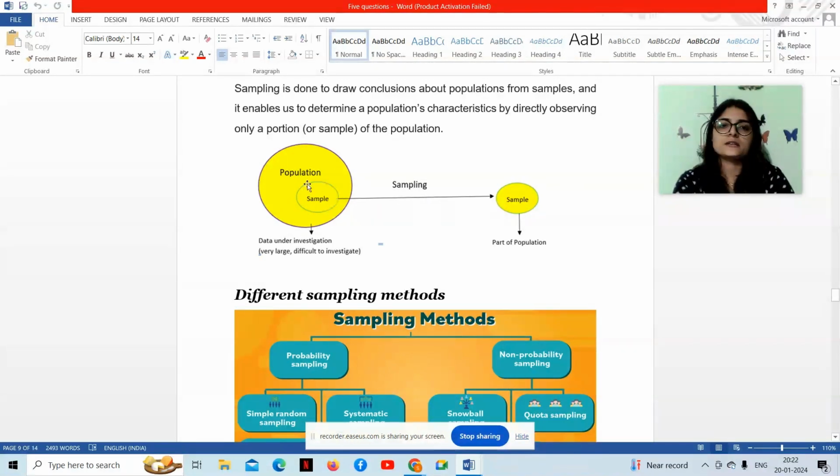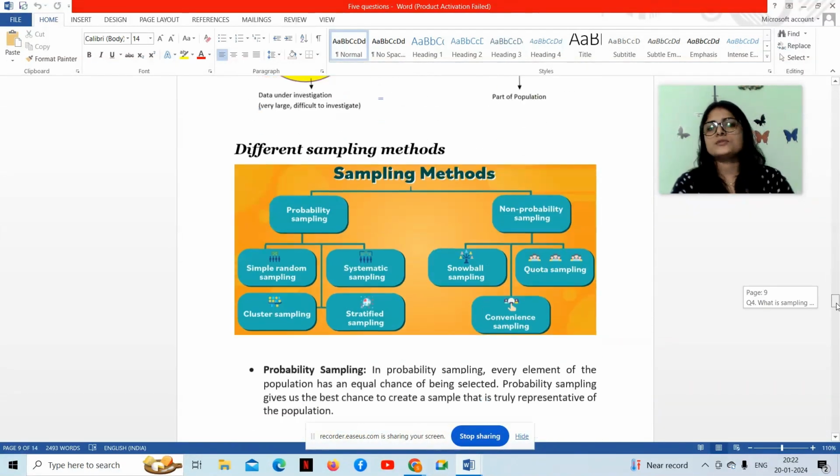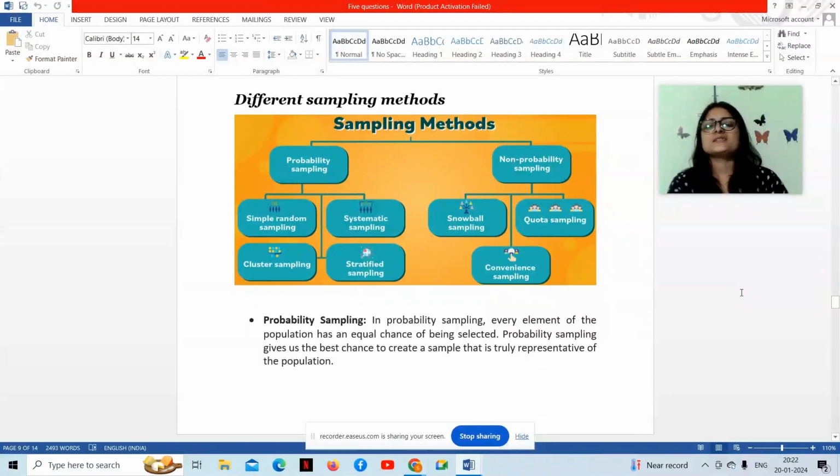So we have taken a small portion and it becomes the sample, a part of the population. Now move to the different sampling methods. Basically, sampling methods are probability and non-probability. Probability has simple random, systematic, cluster and stratified types, and non-probability has snowball, quota and convenience sampling.